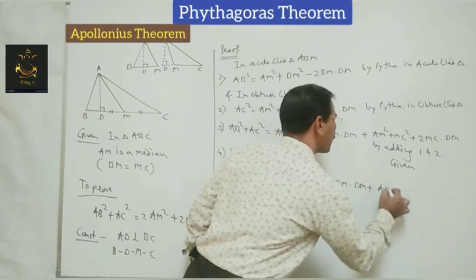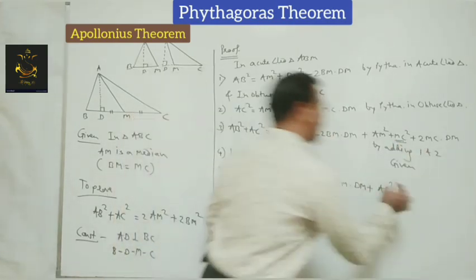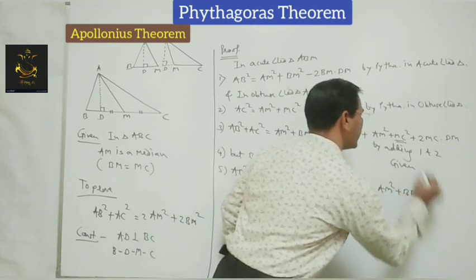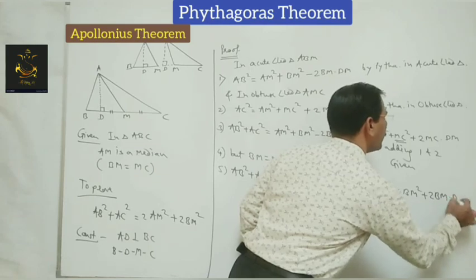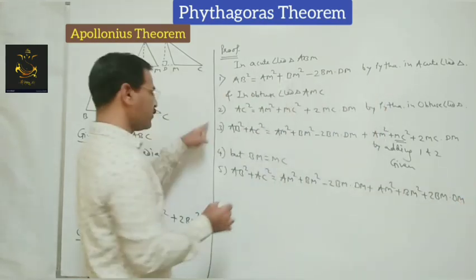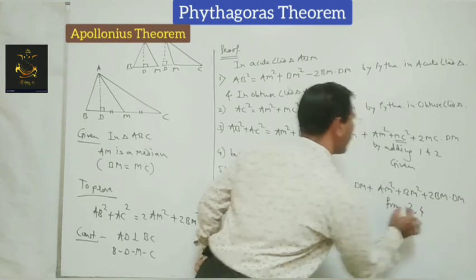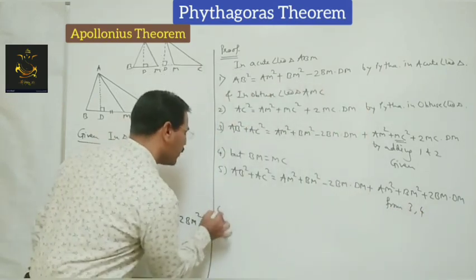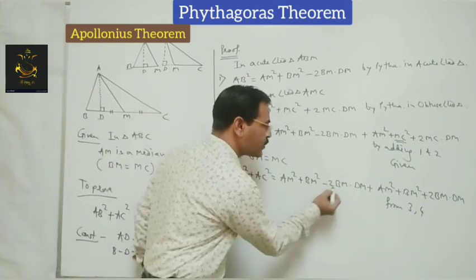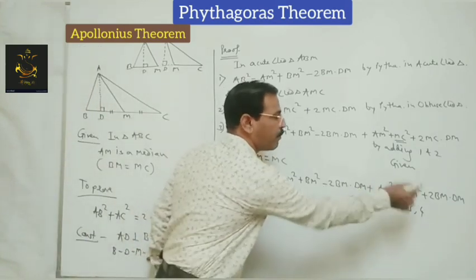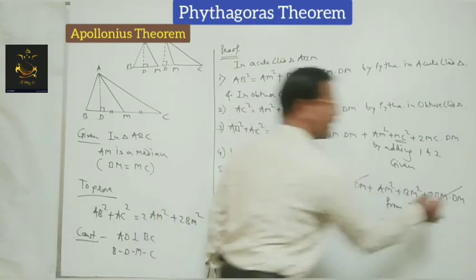Plus AM square. Now MC, we don't need MC. Replace that MC by BM square, okay? Twice again, MC, write BM into DM. This is from 3 and 4. Now just try to observe. Minus twice BM into DM plus twice BM into DM, this particular part gets cancelled here.